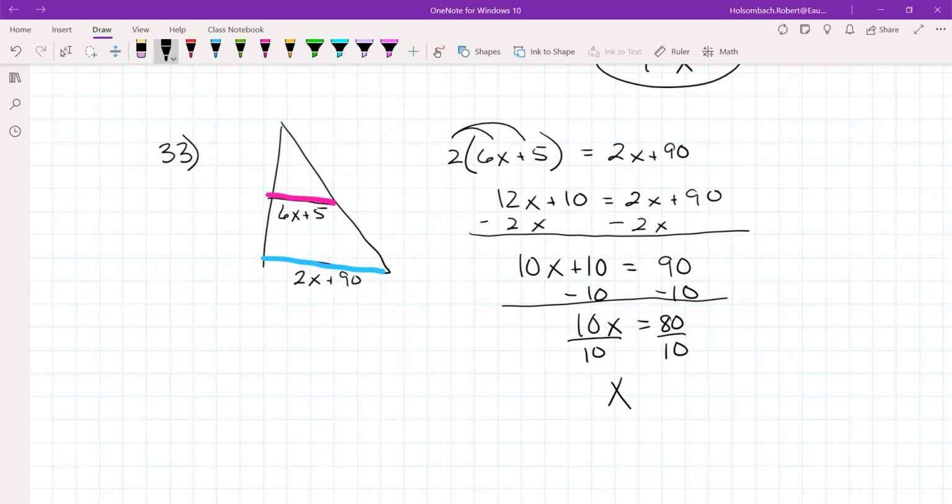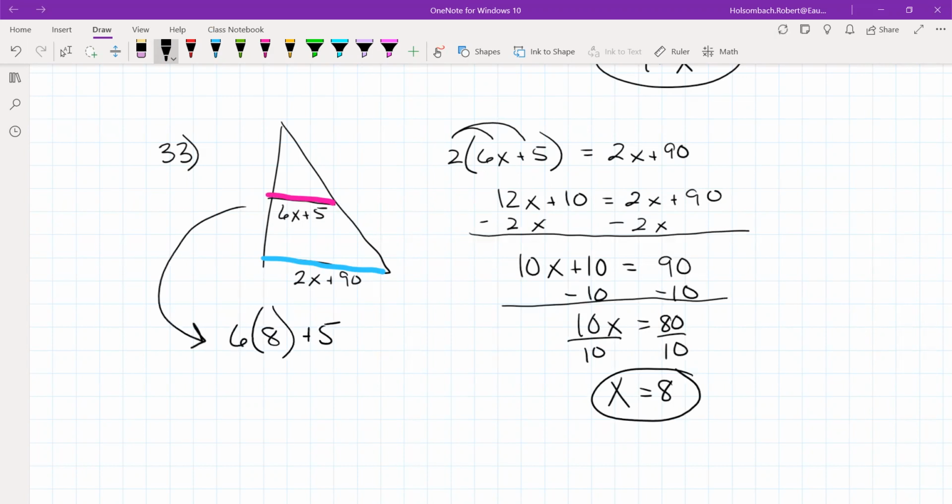So I get an x that's equal to 8. The question was to find the length of the mid-segment. So the mid-segment is going to be equal to 6 times 8 plus 5. And 6 times 8 is 48, plus 5 is 53.